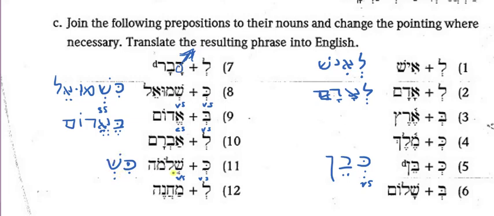The sheva under the shin will now become silent. And then we have our word here. So Kish Lo Mo. Okay? Kish Lo Mo. Not Ke Shilomo, but Kish Lomo. Kish Lomo, like Solomon. All right.